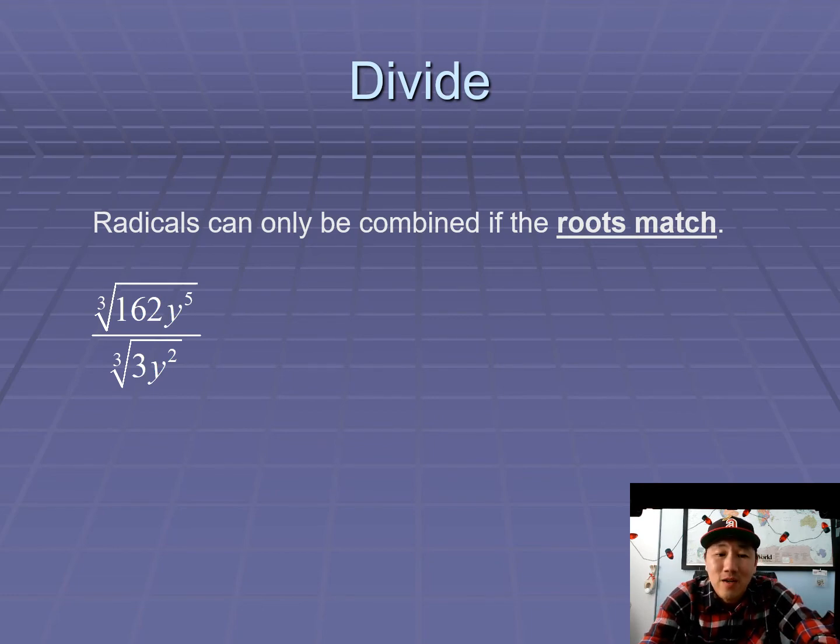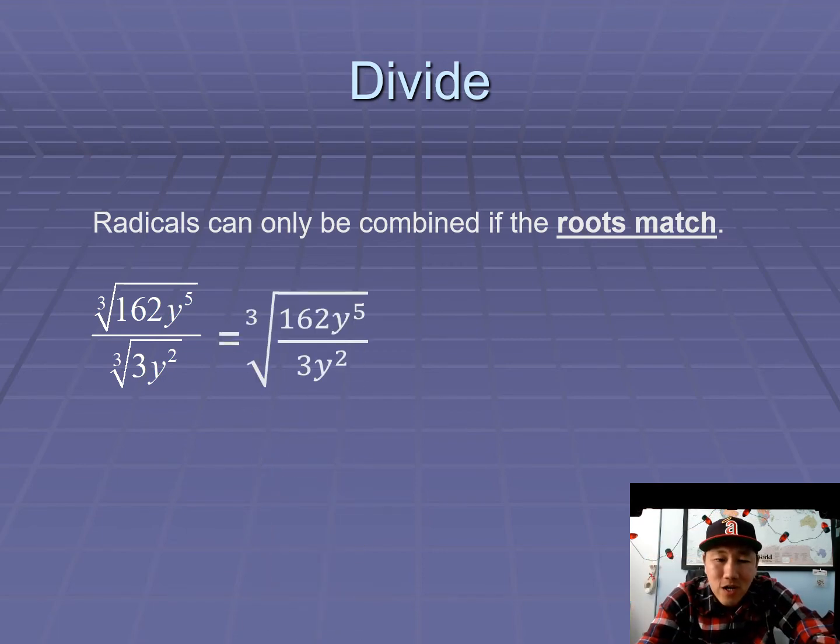How about dividing? Same thing, radicals can only be combined if their roots match up. So this one, the numerator has a third root. The denominator also has a third root, or cube root. So when they have the same root, you can write them as one giant cube root. And then from there you can simplify.